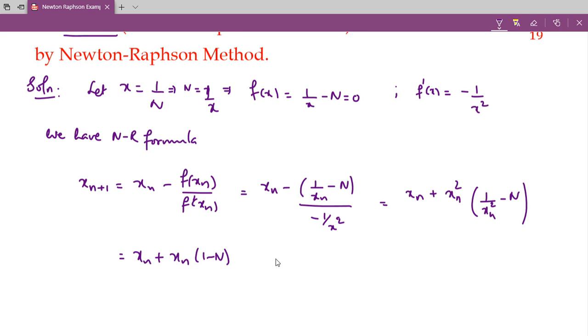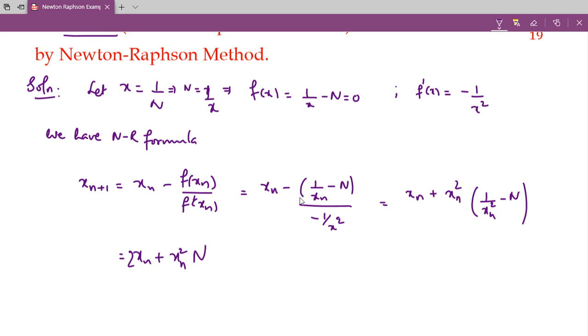Now when you simplify this, it is xn plus xn square into 1 by xn minus n, so this is going to be 2xn, and xn square into n.